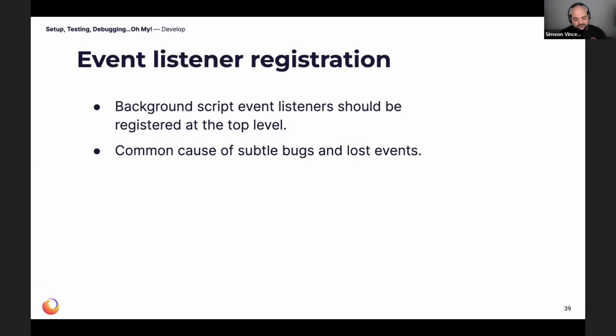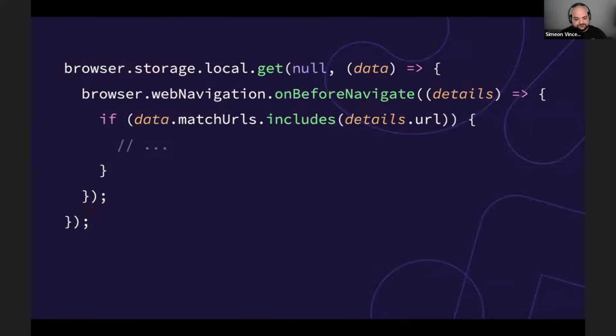As a simple example, if you were to fetch a value from your local storage, and then you wanted to use that in a web navigation handler, this registration style would mean that your onBeforeNavigate event listener doesn't actually get registered when expected, and therefore won't be started in response to onBeforeNavigate events.